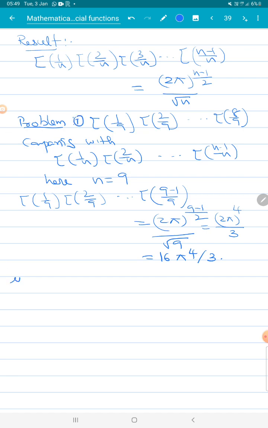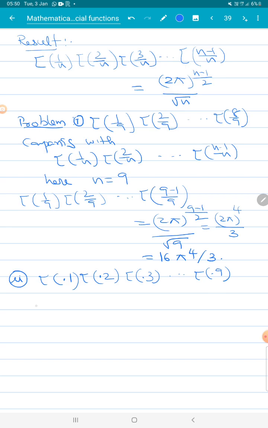Second problem. Gamma of 0.1, gamma of 0.2, and gamma of 0.3, and so forth, gamma of 0.9.